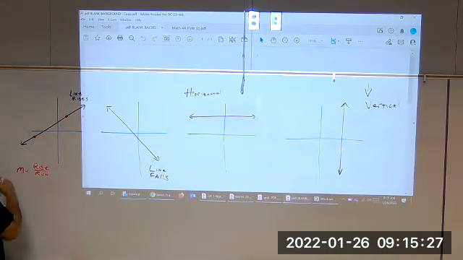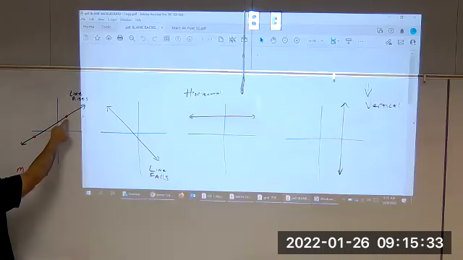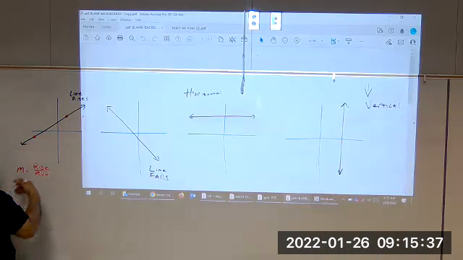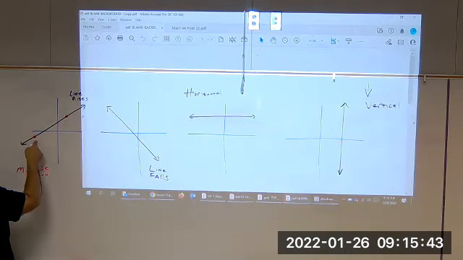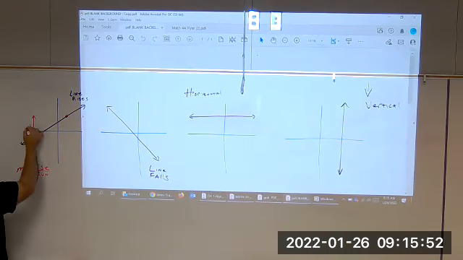And I'm telling you right now, it doesn't matter if I go from the one on the right to the one on the left, or from the one on the left to the one on the right. The rise is up. Up is a positive direction.